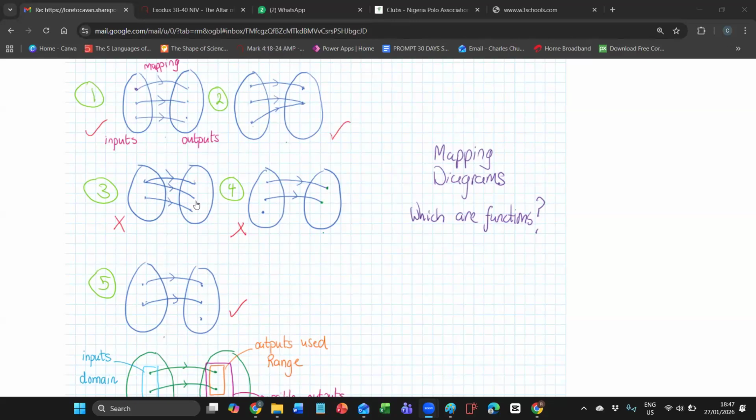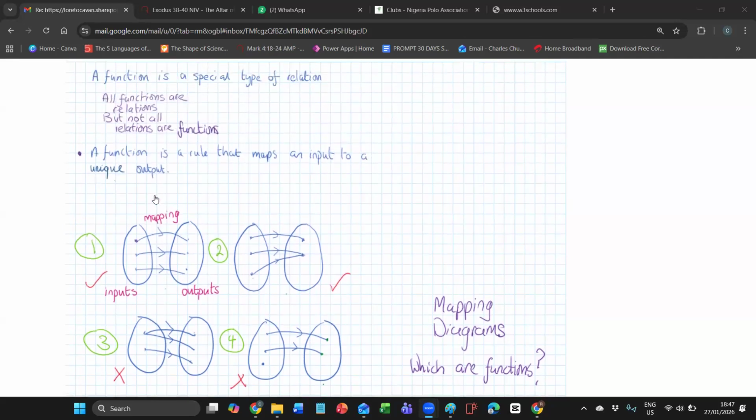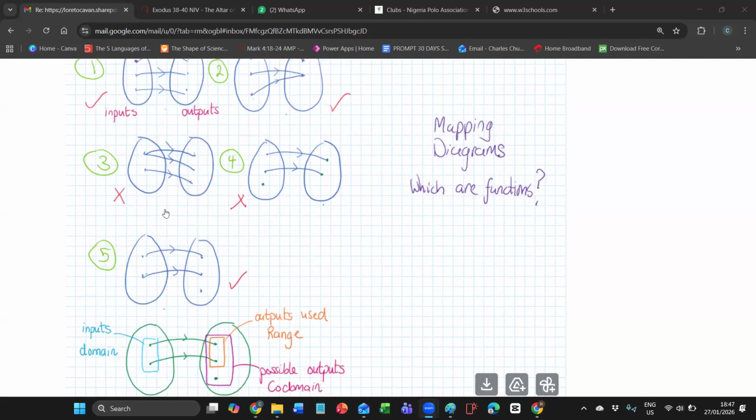An example of this would be a function that says y equals square root of x. Let's see where it violates the definition, where it says a function is a rule that maps an input to a unique output, not several outputs. So that's where number 3 violates the definition. I don't know if you understand what I'm trying to say.